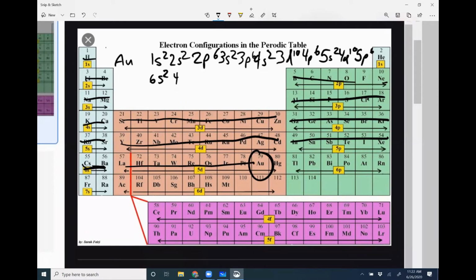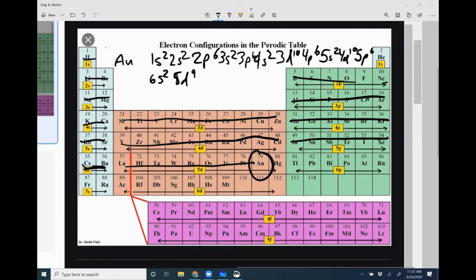But if we write this right now, you'll notice that we should have 79 electrons. If you add up all these numbers, because these are the numbers of electrons, 2 and 2 and 6 and 2 and so on, it doesn't add up to 79. Why?